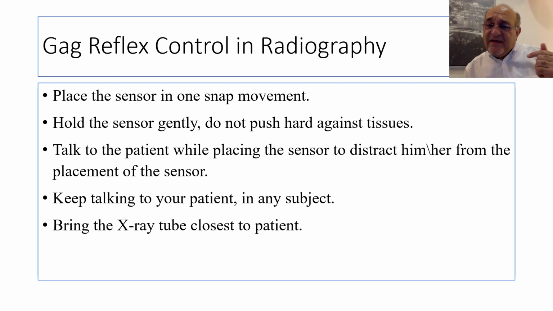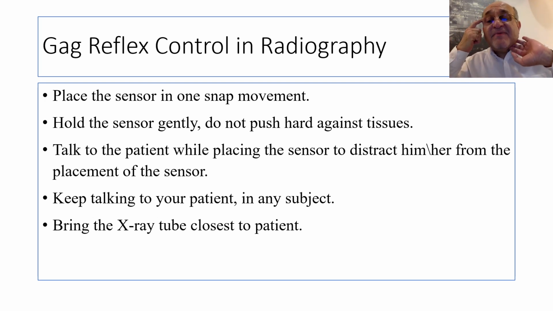One point, and I think if you go back to the earlier videos about the placement of the sensors in the lower molar areas: if you feel the patient is tightening the floor of the mouth, which is again a natural reflex, suppose I'm working on the left side, and when I place the sensor I find that this patient is tightening the floor of the mouth. All you need to do is place your fingers from the outer side, on the opposite side, and ask the patient, please relax this area.